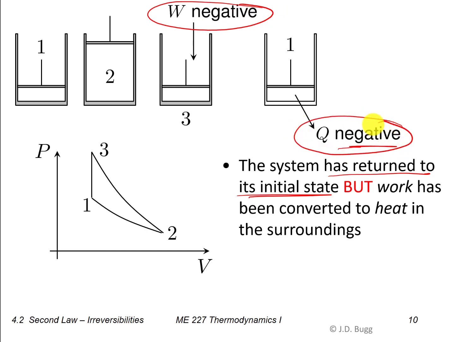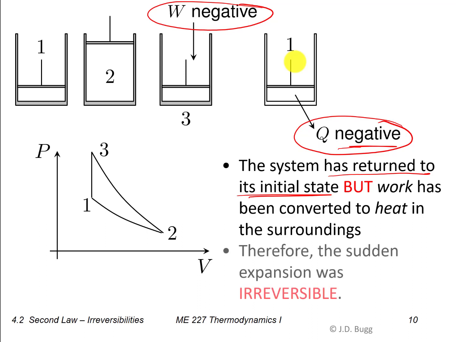So the surroundings needed to supply some work to this system during this step here from 2 to 3. So we used work from the surroundings, and as we went from 3 back to 1, the system returned to the surroundings some heat. So the net effect that has occurred on the surroundings is work being converted to heat.